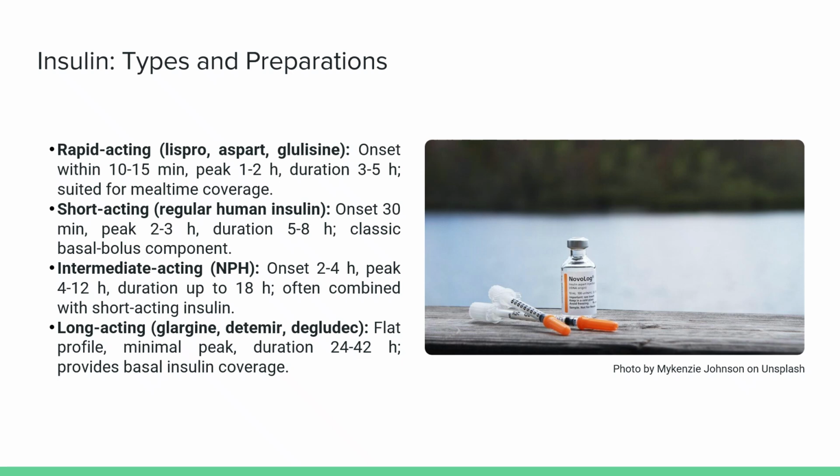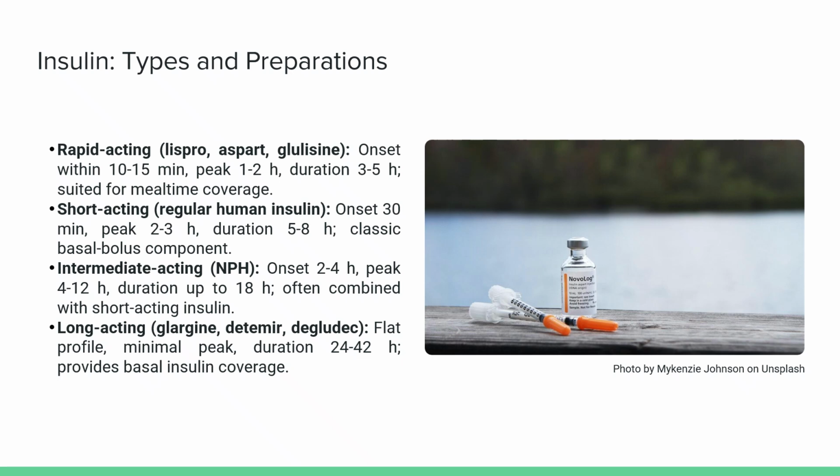Then coming to the first and foremost treatment, that is insulin. As we know, insulin is a hormone released by beta cells of islets of Langerhans of the pancreas, and the body produces insulin to control the blood glucose level. When there is an impairment in this control, we provide it externally.